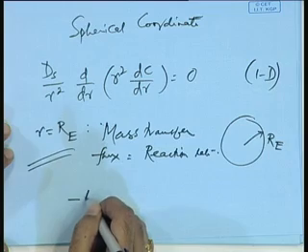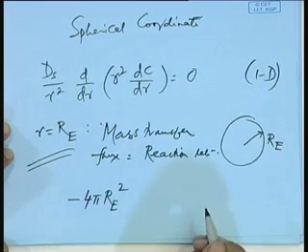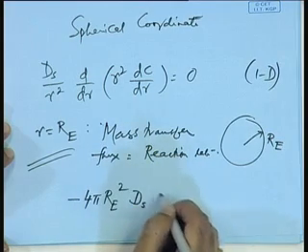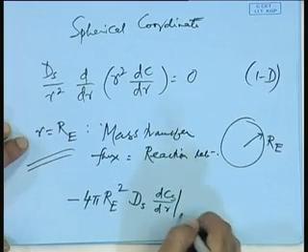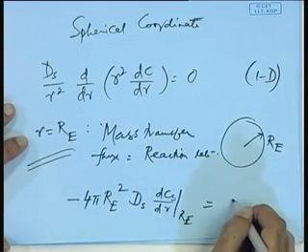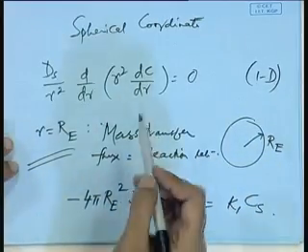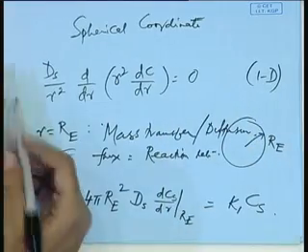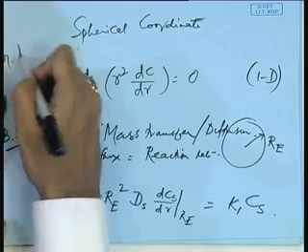Minus 4 pi RE square, the surface area, times Ds times dCs dr at RE. So this is my diffusional flux, equal to the reaction rate, which is Q1 times Cs. Is that clear, everybody? So this is my boundary condition BC1. This is my governing equation.